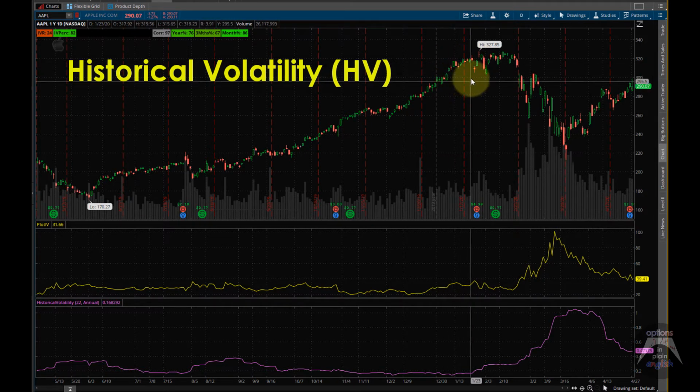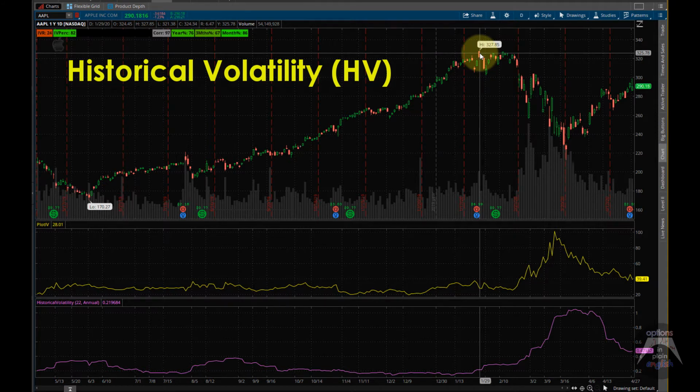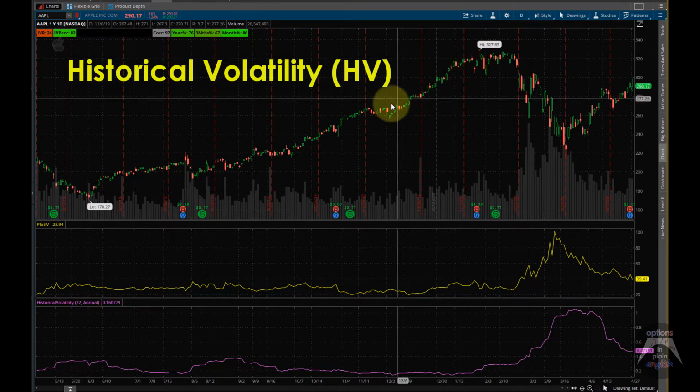So historical volatility is a measure of volatility of the stock that happened in the past. It's taken from stock prices.